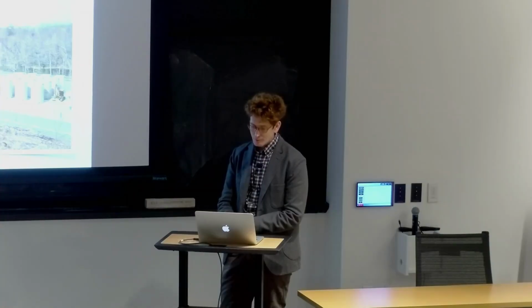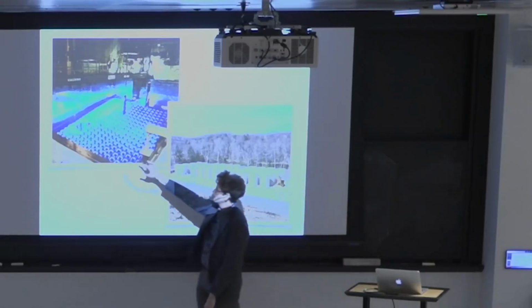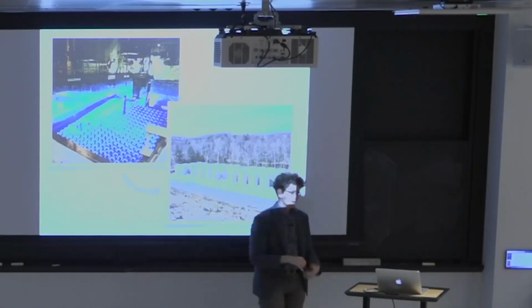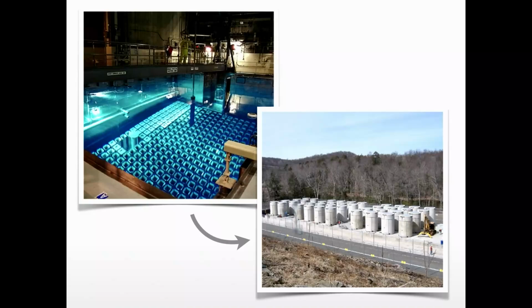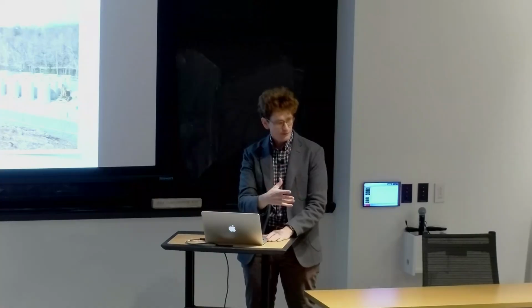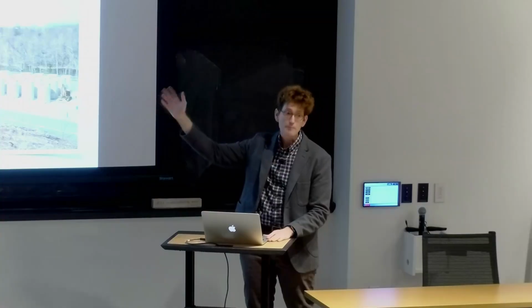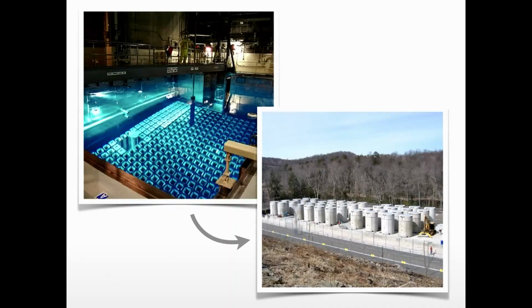I guess one of the problems with all of this, both in the casks and in the dry spent fuel pool, is that we did this calculation in the last lecture about how many deaths were caused by releasing principally cesium-137 from a reactor core. This spent fuel pool contains many, many reactor cores, right?